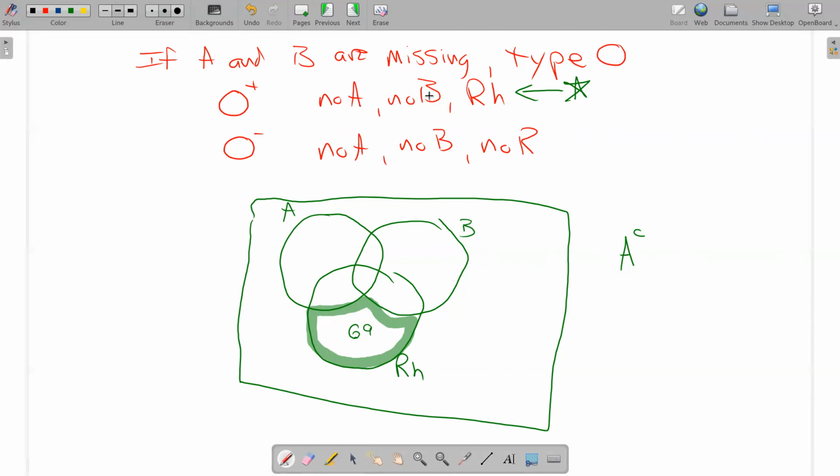They also don't have B. So and would be the intersect, B complement, and intersect, they do have RH. So that right there would describe this region out here. We're outside of the A circle, right? Complement of A, outside of A, and we're outside of B, and we're inside of RH. So that would be how to describe that region right there.